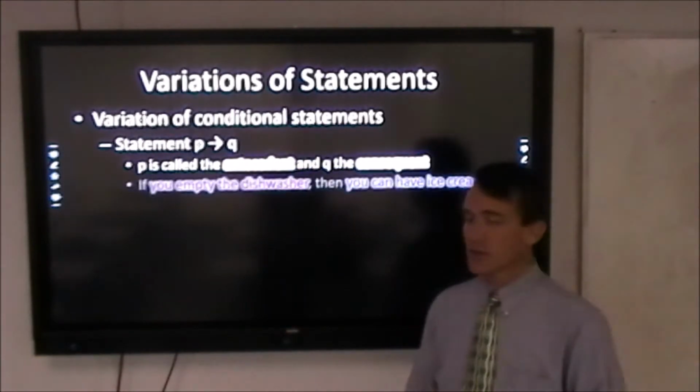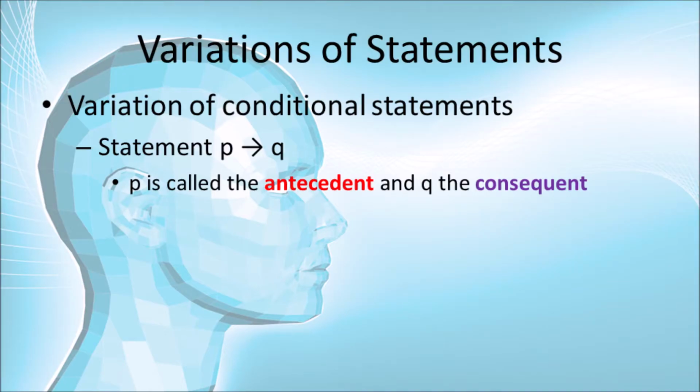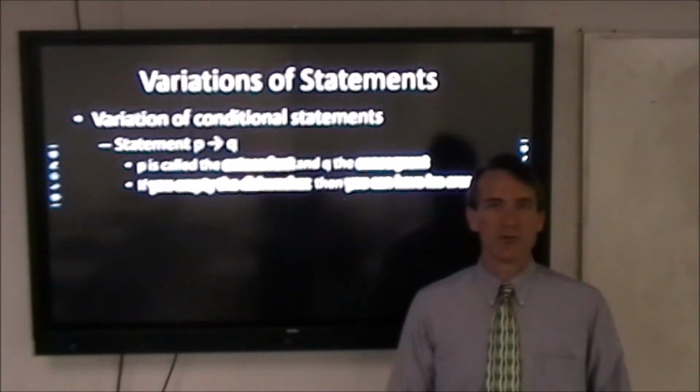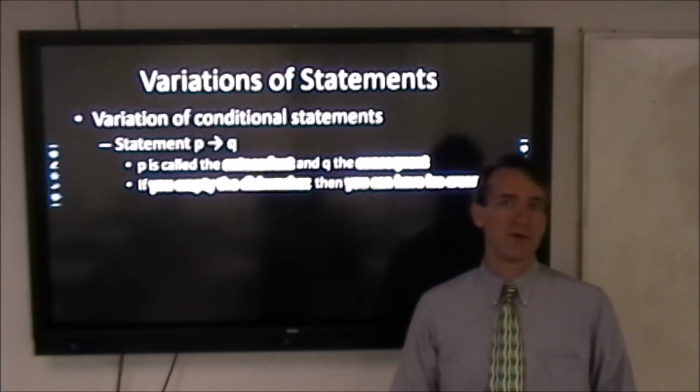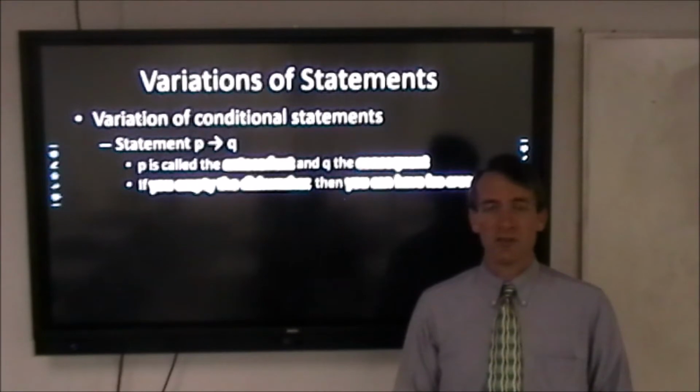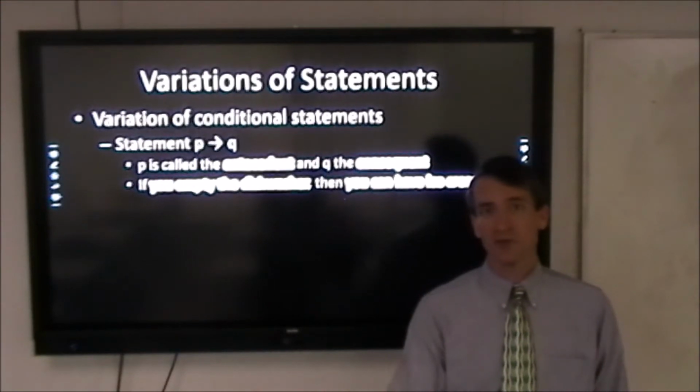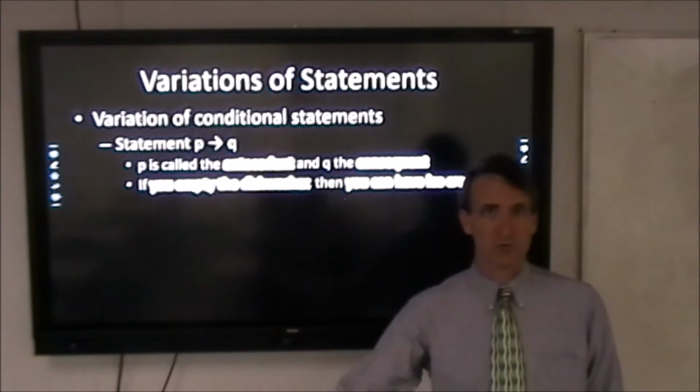So for instance, if I have the statement if P then Q, P is known as the antecedent. Sometimes it's called the hypothesis. And then the Q portion, the then portion of our statement, is known as the consequent. This is easy to remember because if you have ever been told to do something, they may have said something like, if you don't do this, then this will happen.